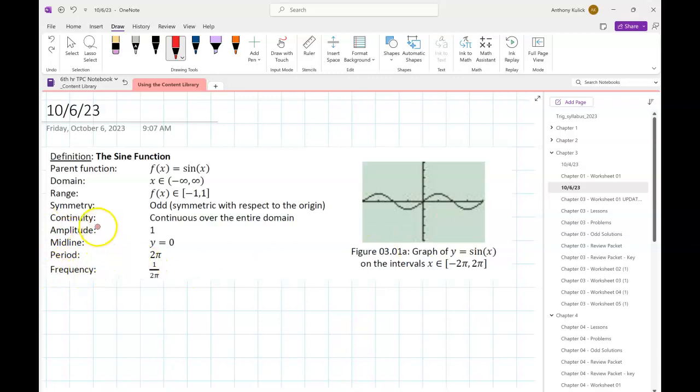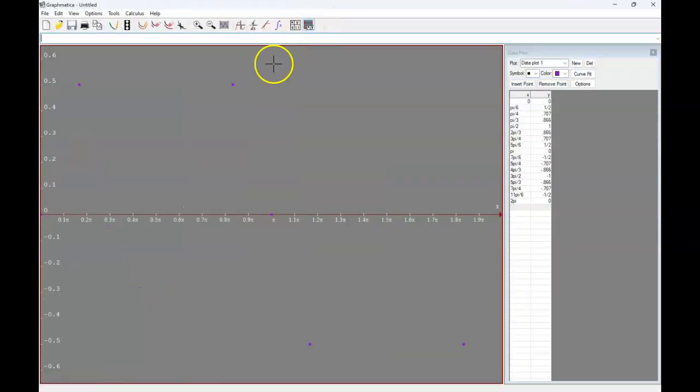And then this amplitude, midline, period. Let's talk about what these things are. I'm going to do that graphically first, and then we'll write in the verbal definitions of what these things are. But I think that it's just easier at first to do that graphically.